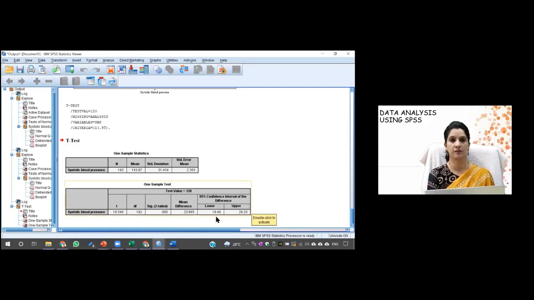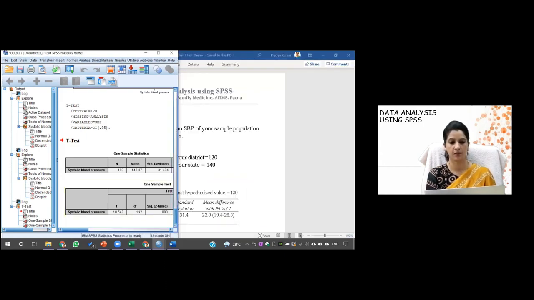If you see the lower and upper confidence interval, it is on the positive side, both, 19.4 to 28.3. So even if you don't see the significance level, you can comment by just seeing the confidence interval that it was significant, right? So how will we enter this in our interpretation? I'll show you simultaneously how to do that.